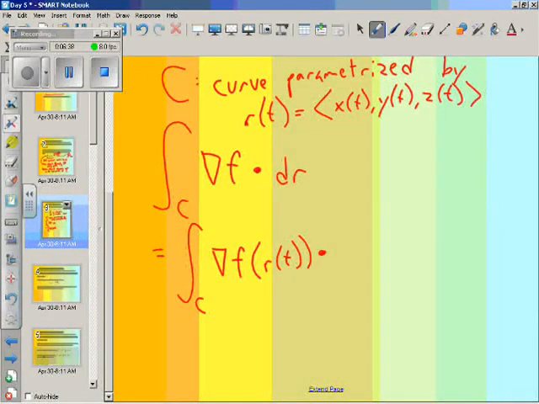Remember, we can rewrite dr as r prime of t times dt. And so we're going to have the gradient of f of r of t dotted with r prime of t dt.